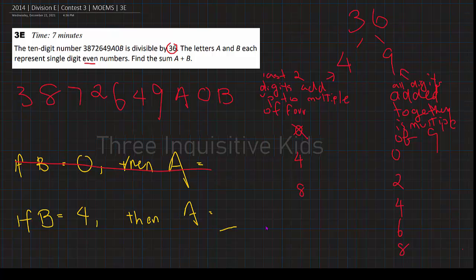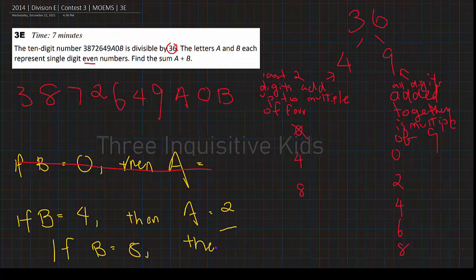So A will have to add up to something in order to become a multiple of 9. It can't be 0. It could be 2. It can't be 4. It can't be 6 either. And it can't be 8. So A would have to equal 2. So that's a possibility.